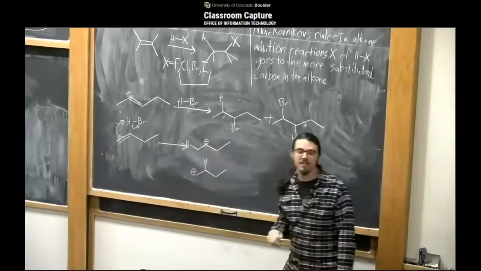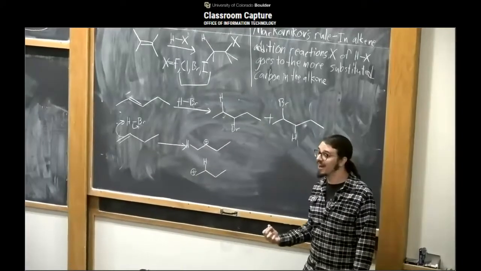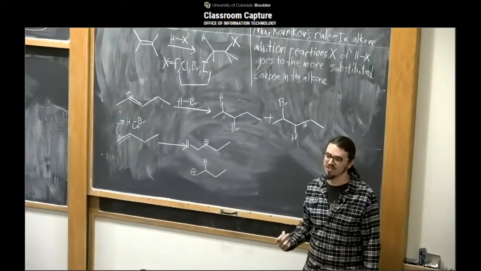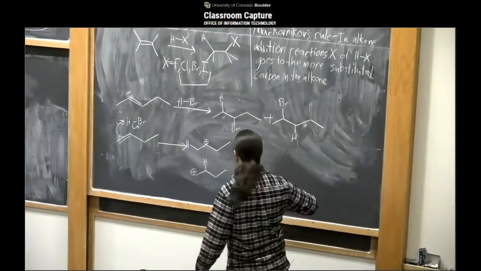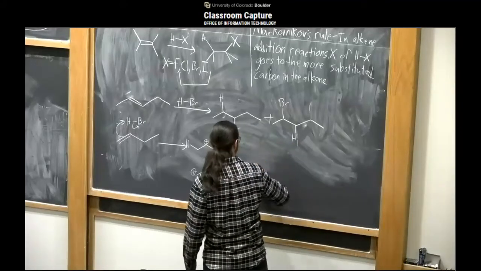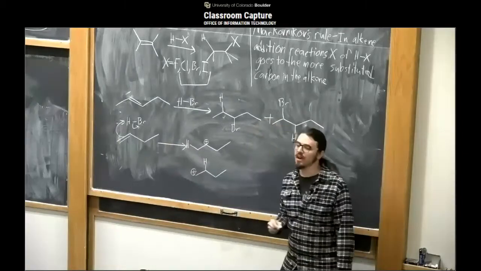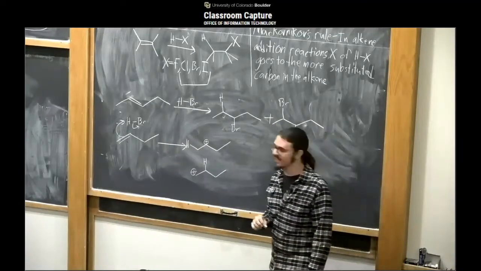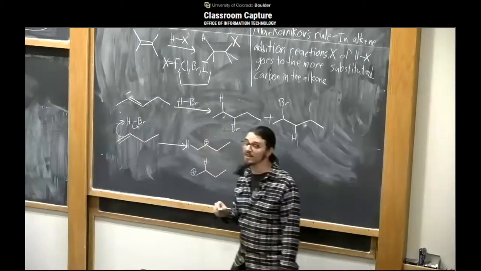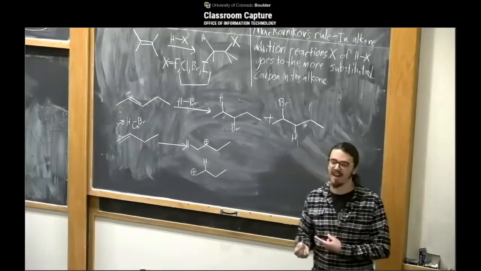But it turns out that the more substituted carbocation, just like more substituted alkenes, is more stable, although the rationale is a little different. When this alkene reacts with the HBr, it generates a trigonal planar carbocation intermediate, which is sp2 hybridized and has an empty p orbital.